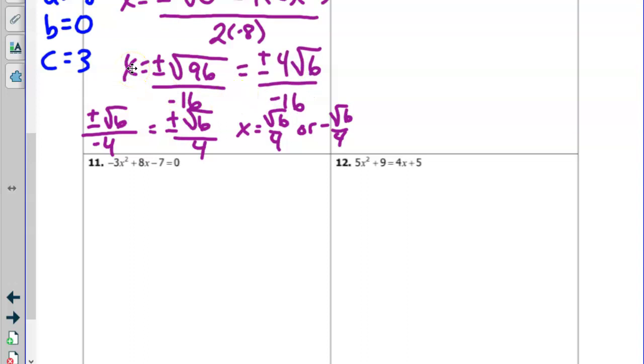Alright, number 11 is already in standard form, so we can go right to identifying our A, B, and C. What is my A value? -3. Good. What's my B value? Good. And my C. Good. Alright, what would my quadratic formula be then?